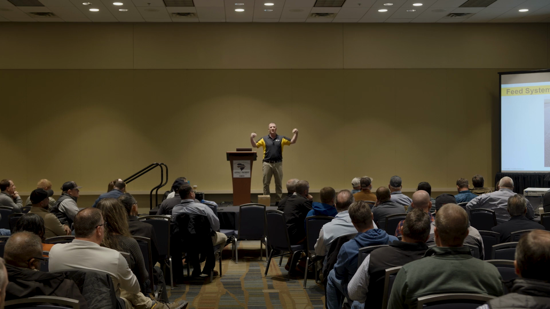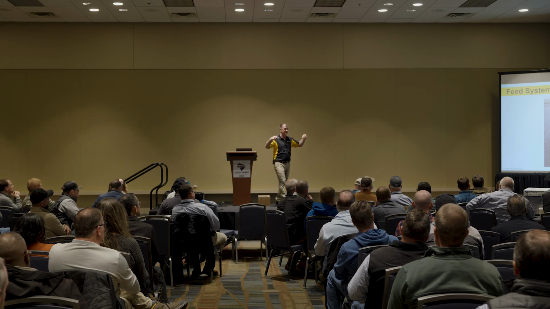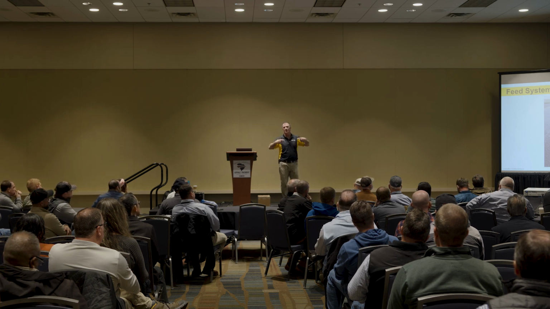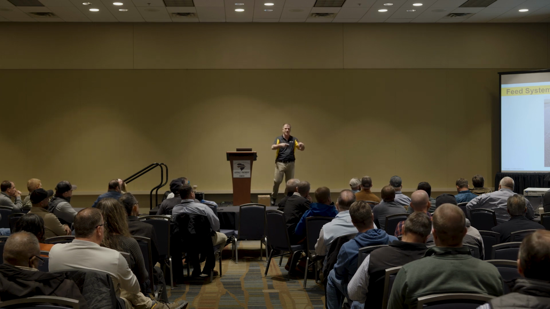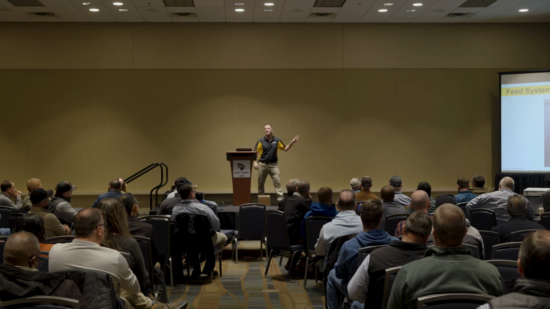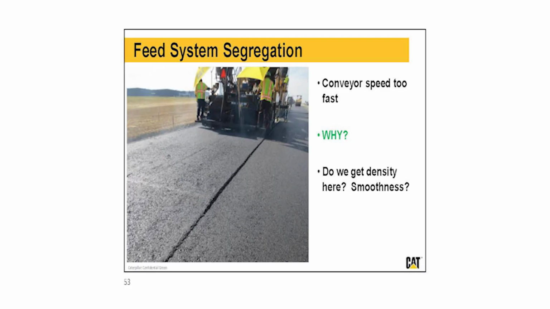It's probably sonic feed sensors that work with the augers and conveyors to bring that mix back. Probably just not set up right, so the conveyors are running faster than they should be. Again, there's different reasons. It's hard to say specifically unless you're on the job looking at it. But it is a feed system problem when you start seeing those two stripes like that.